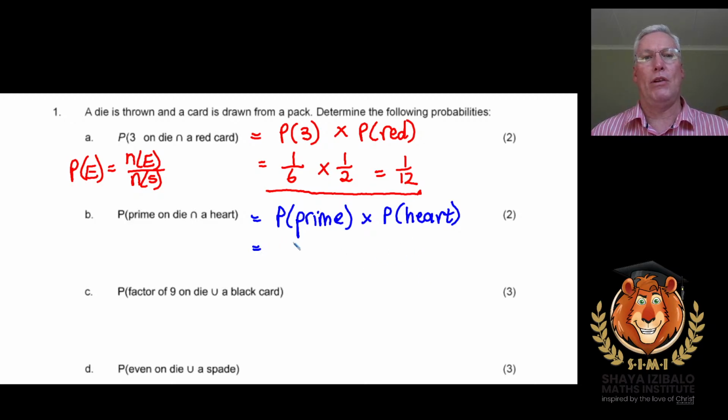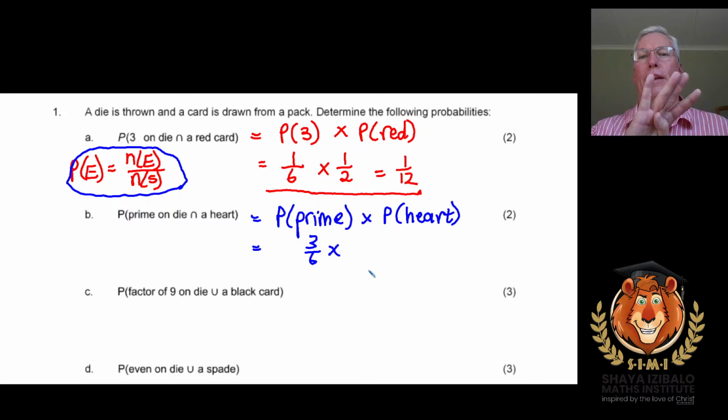So in fact, it's actually 3 of the 6. Again, we're using this formula here. There are 3 ways we can get a prime number out of a total of 6 things. And the probability of a heart, well, there are 4 suits in the pack, and a quarter of them are hearts. So this is going to be 3/6 times a quarter, 3/24, 1/8.